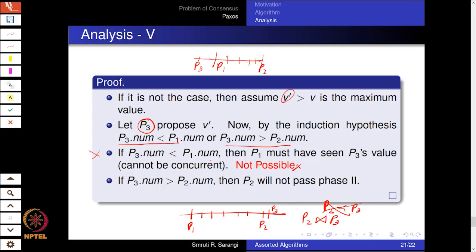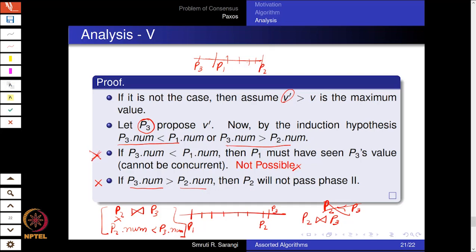Now, if both of them are concurrent and P3's number is greater than P2's number, by theorem 2, the second theorem, we observe that P2 and P3 are concurrent and P2's number is less than P3's number. So by theorem 2, it is patently clear that P2 cannot succeed. But we know that P2 has succeeded. Since P2 has succeeded, this case also cannot happen.